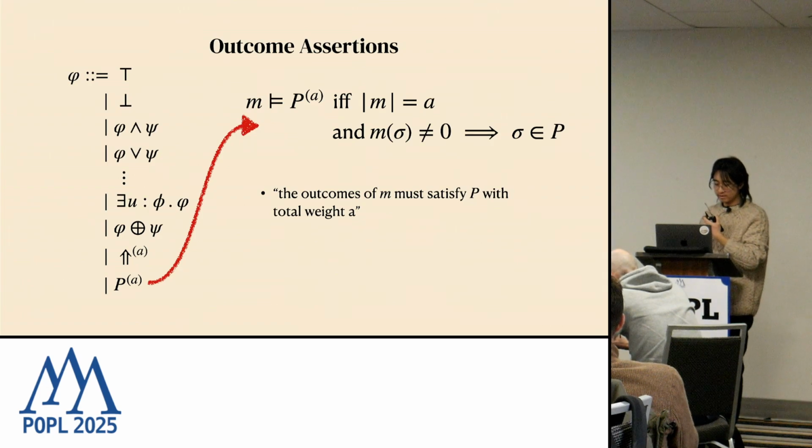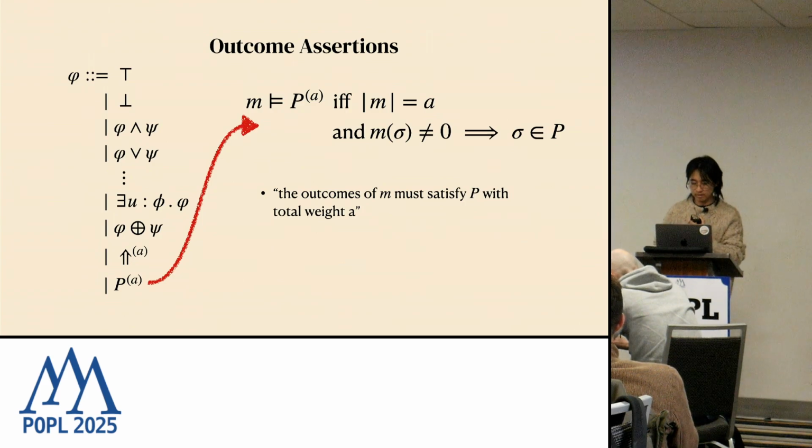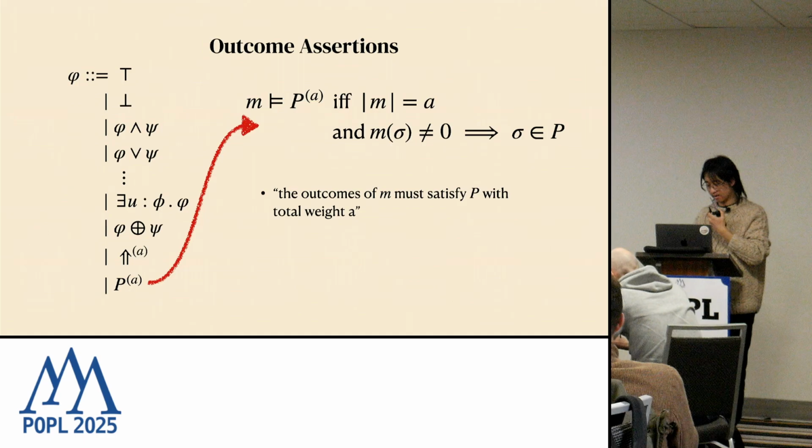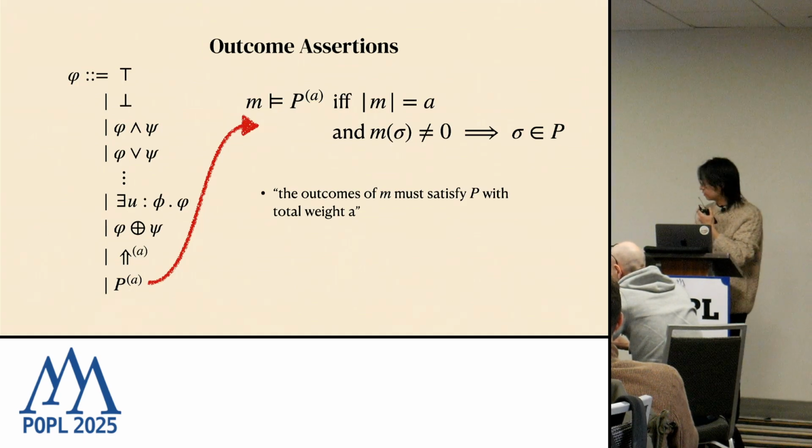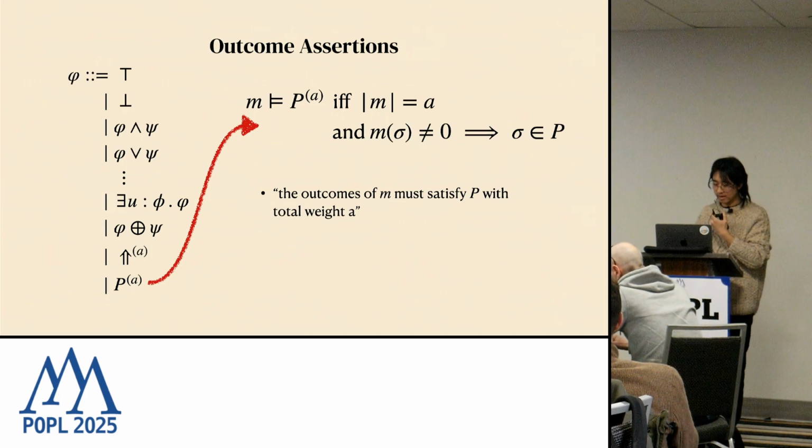And it is lifted with a certain weight from our semi-ring to hold on weighting functions. So in this case, you can intuitively view this definition as any weighting function that satisfies this assertion. Well, the outcomes of this weighting function must satisfy P with a total weight of A.